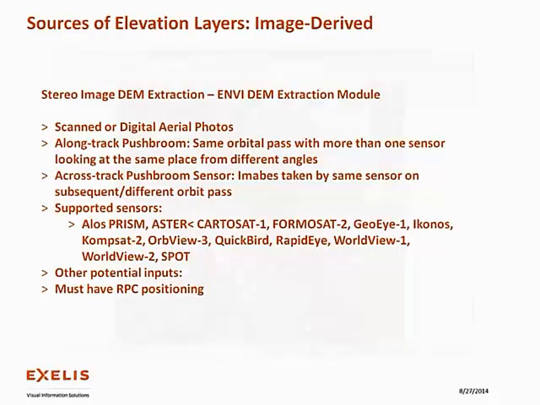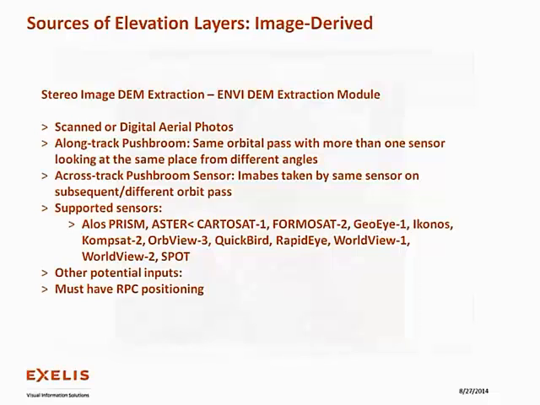If you decide to generate the information yourself, we'll talk about those 3 other processes here. So image-derived elevation layers are generated using algorithms that generate tie points and calculate the relationship between the stereo pairs to derive a surface elevation DSM. So it's a surface model including the things above the Earth. This stereo pair input can be from aerial photos or satellite sensors, and some of the supported sensors are listed here for the ENVI processing for this.